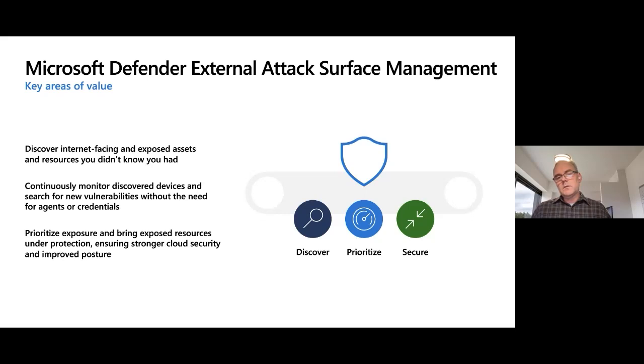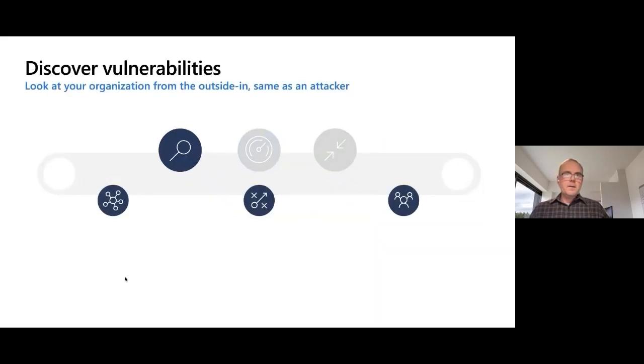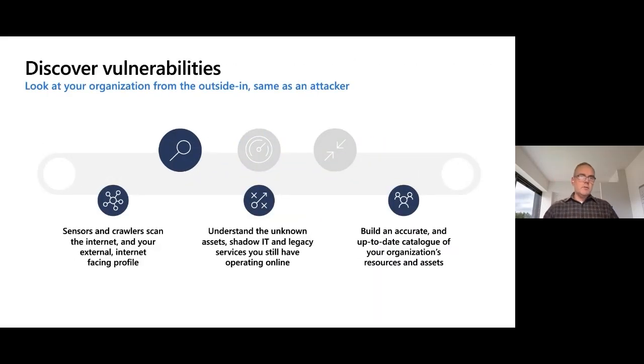So as far as discovering vulnerabilities, this is personally one of my favorite areas, and I definitely want to allow Michael to talk about some other things as well. But we'll explain a little bit of the technical aspects of how we go about discovering these things. We have sensors and crawlers that scan the entire internet all the time, everywhere.